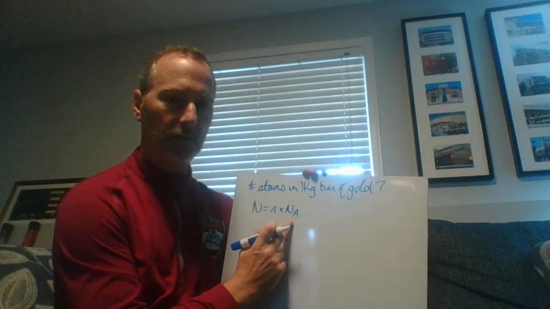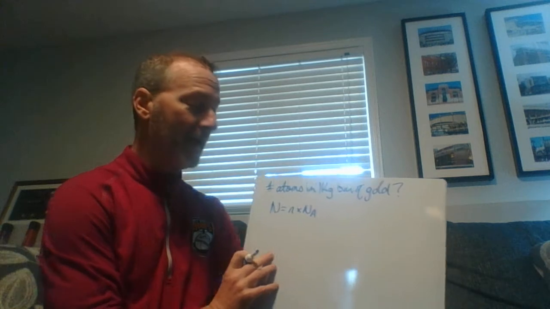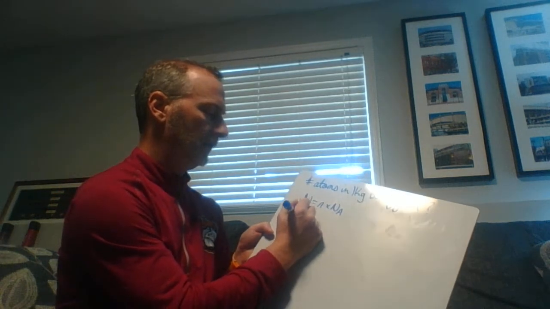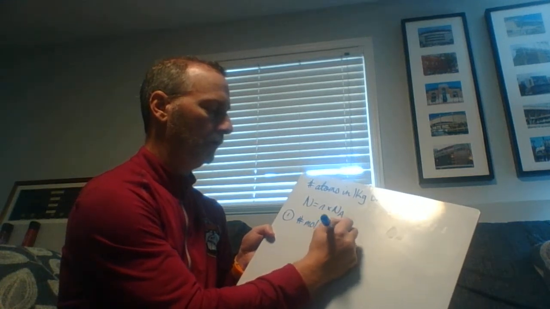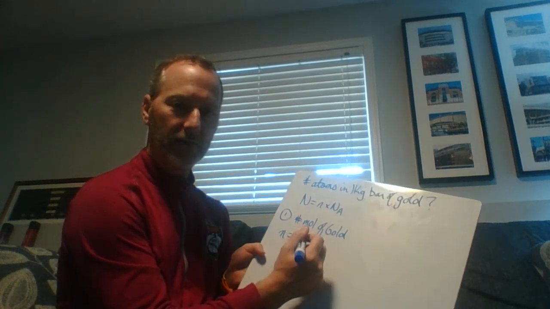Avogadro's number is a constant, so I know I have that. So I need the number of moles, which currently I don't have, but I do have the mass. So my first step is the number of moles of gold.